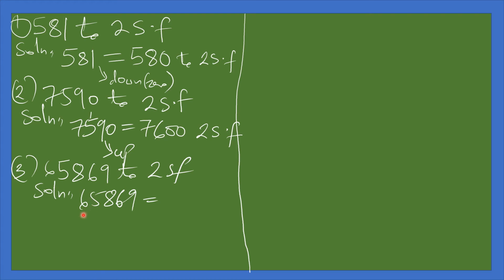The first is 6. The second is 5. The third is 8. Now because this 8 is greater than 5, we round up. So when you now round up, what do you have? 1 here. At the end of the day, you will now have what?